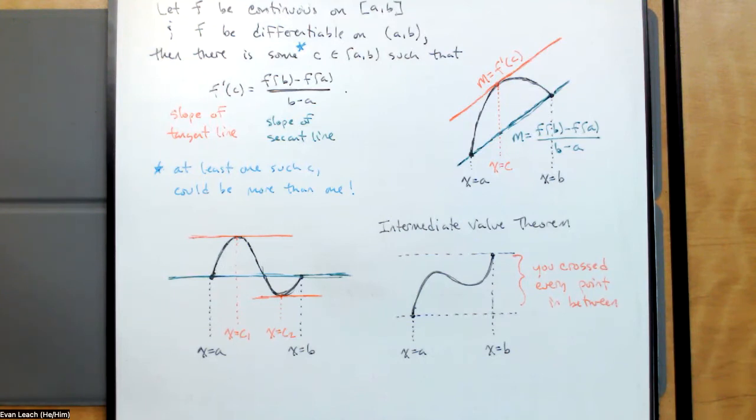So in the intermediate value theorem, all we need here is a continuous function. If f is continuous on the closed interval from a to b, like we always need in Calc 1, and k is some value between f of a and f of b, then there is some c such that f of c is equal to k. Nice choice of variables, or constants, there.